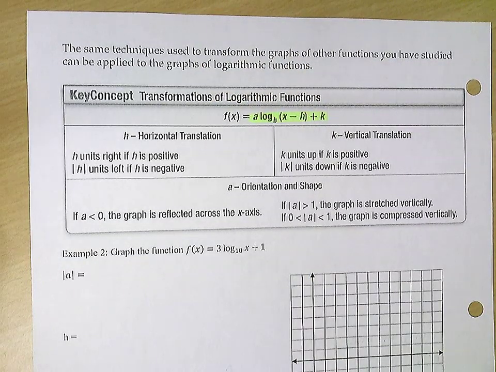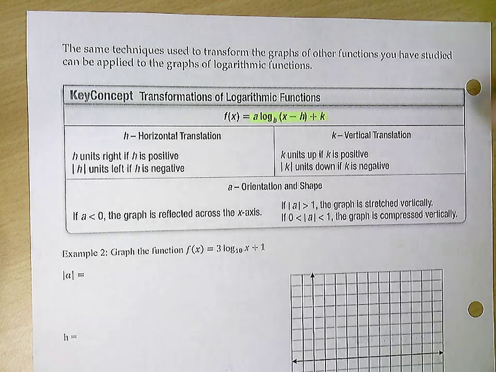H is your horizontal translation; that changes your x value and moves it left or right. K is your vertical translation; it changes your y value and moves it up and down. And A is your orientation and the shape, so it could stretch it vertically or compress it vertically, depending upon what A is.